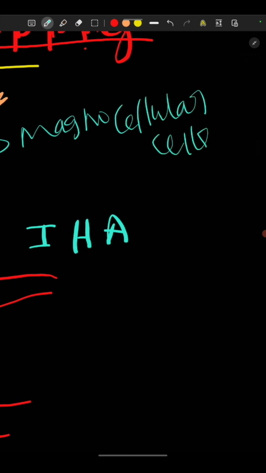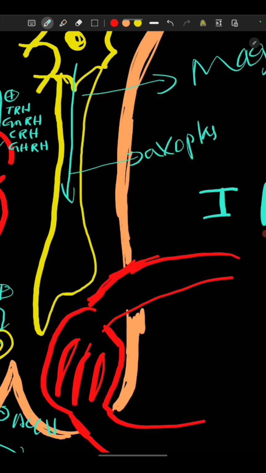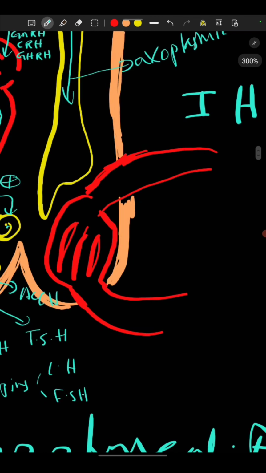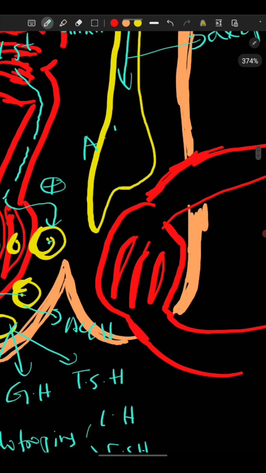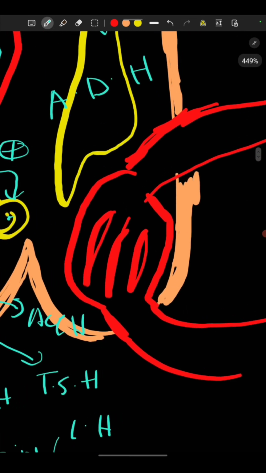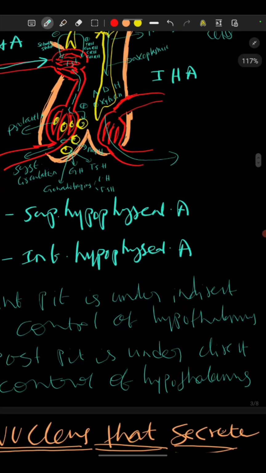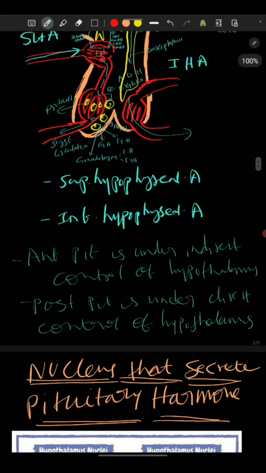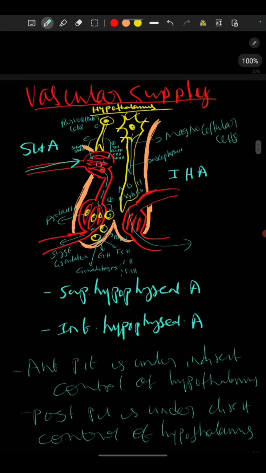Through axoplasmic flow, they send their contents down into the pituitary. The contents are antidiuretic hormone and oxytocin. Via this capillary loop, they exit the pituitary gland and enter systemic circulation. And this is the vascular supply of the pituitary gland.